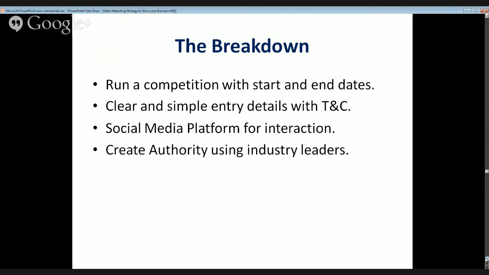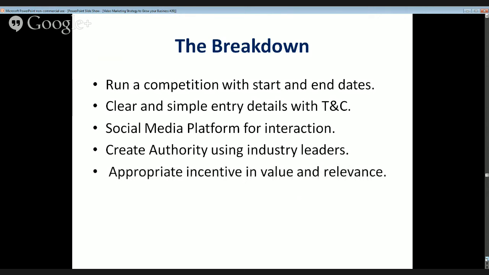Because obviously they're going to be independent and they're going to create a lot of buzz. If people are thinking that these industry leaders will watch their video, again, that is an incentive to create a better quality video. And as I said, obviously with user-generated video the quality can be anything, but you want good quality video because you want to associate these videos with your brand.